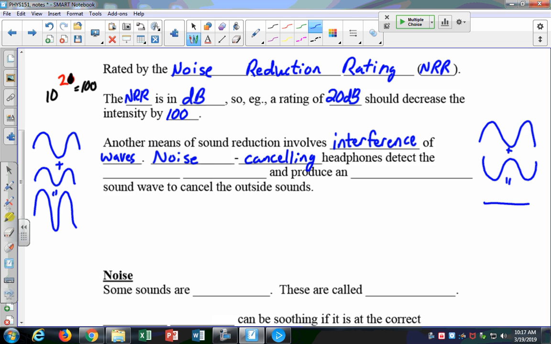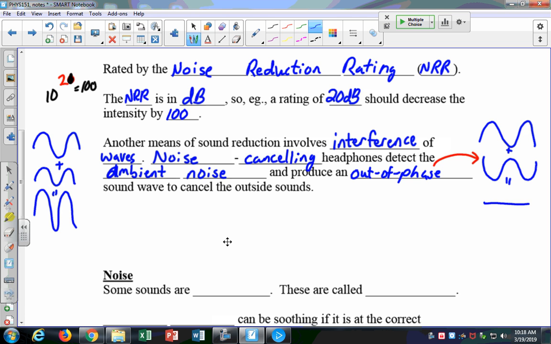So noise-canceling headphones detect the ambient noise, and they produce an out-of-phase sound wave. That's what we call this sound wave: out of phase. It's been shifted over so that the peaks and the troughs line up with one another to cancel the outside sounds.